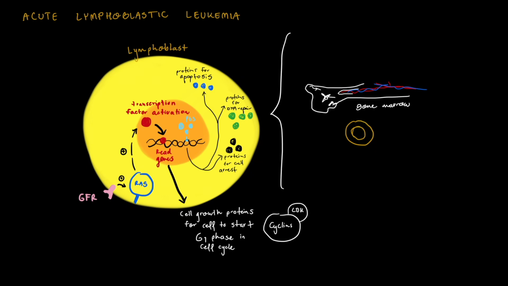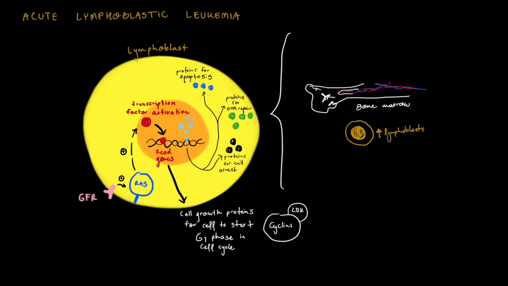And how it does it is by mutations that give us another conjugation of proteins and induce the cell to start the cell cycle in the G1 phase, and not stay in the quiescent state, right?